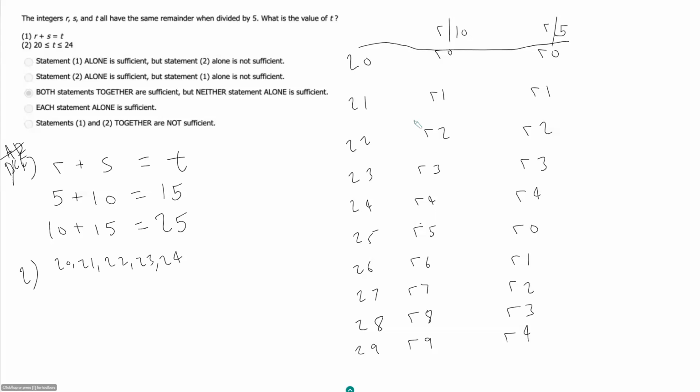So now looking at them together is where we've got to think for a bit. So let's say, because remember, all we really care about here is our units digit.